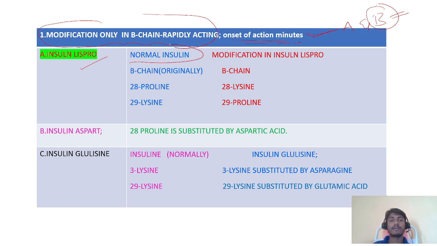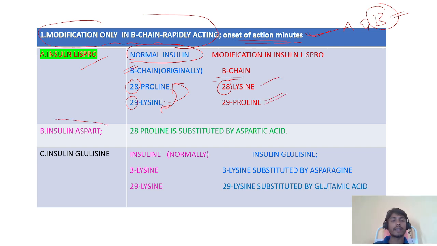In normal insulin, the B chain at 28 is proline and 29 is lysine. In the modification, the amino acids at 28 and 29 are exchanged, so 28 is lysine and 29 is proline.